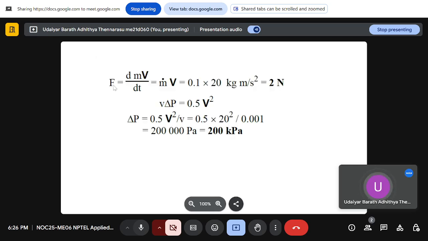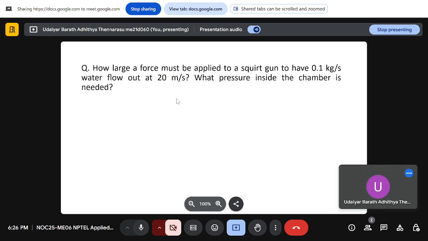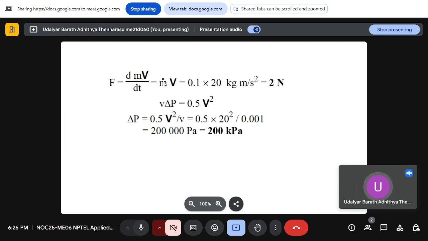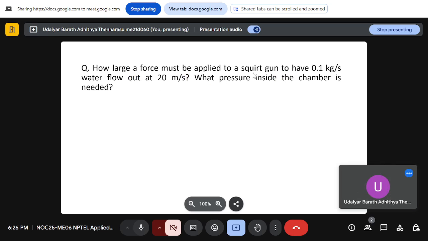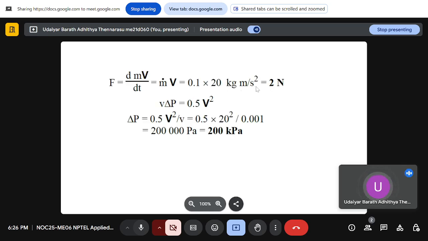For this, force is nothing but the change in momentum with respect to time, so d(mv) by dt. Here since velocity is constant, you need to find m dot into v. Mass flow rate is given as 0.1 kg per second and velocity is 20 meters per second. So 0.1 into 20 comes out to be 2 Newton.